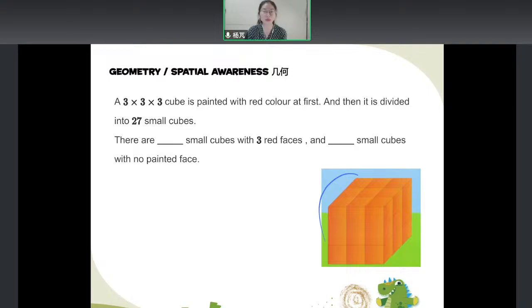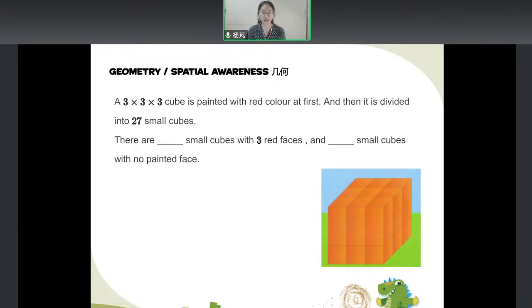I will first paint it red, so all the faces of the big cube will be painted red. Then I will divide it into small cubes, cutting it into every small cube, and separate them. The question asks how many small cubes have 3 red faces.